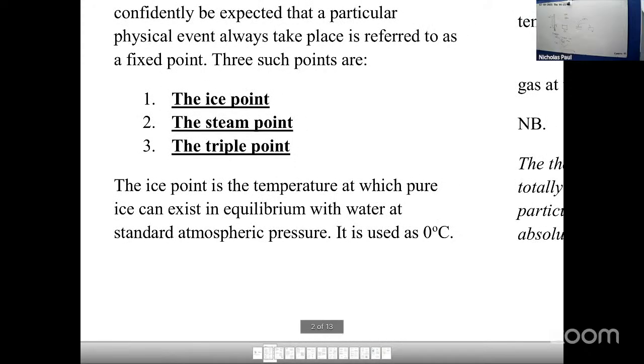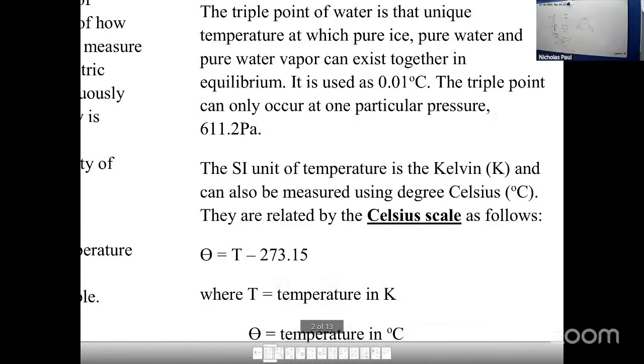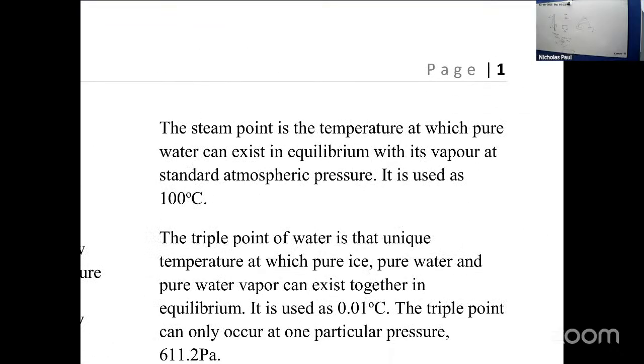Let's run over the ice point. Ice point is the temperature at which pure ice can exist in equilibrium with water at standard atmospheric pressure. It is used as 0 degrees Celsius. Steam point, the temperature at which pure water can exist in equilibrium with its vapor, is 100 degrees Celsius.